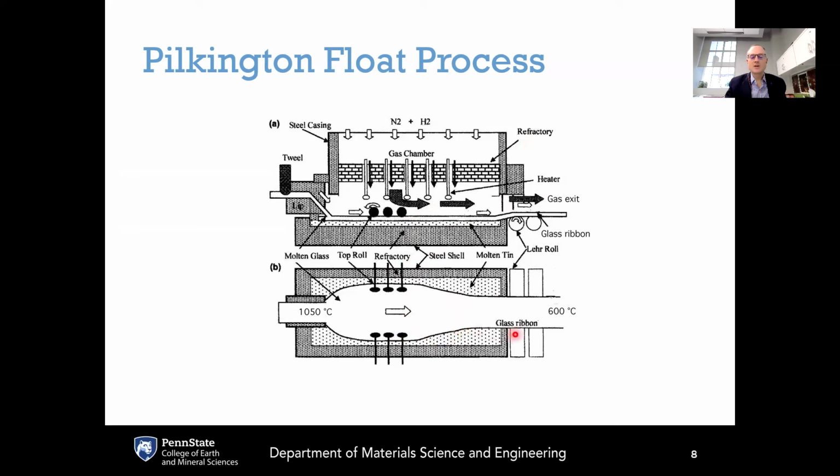This is adopted now for essentially all architectural glass worldwide, and almost all automotive glass is also made via the float process, where it starts off as flat glass, but then the flat glass is slumped either into a mold or under gravity in order to form the shape that's needed for automotive windshields.